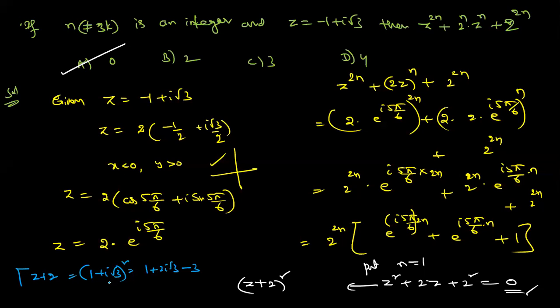So 1 plus root 3 means minus 2. Minus 2 into... 10, whether it is possible? No.